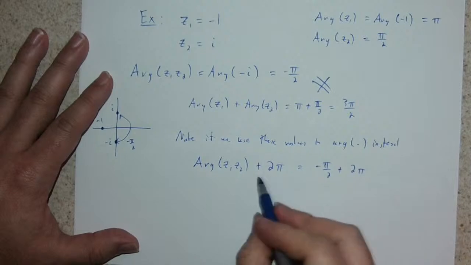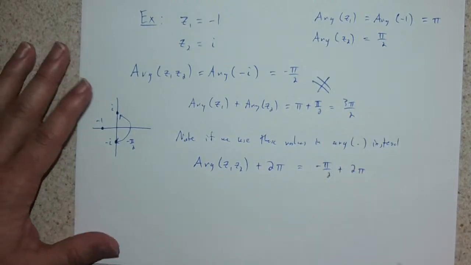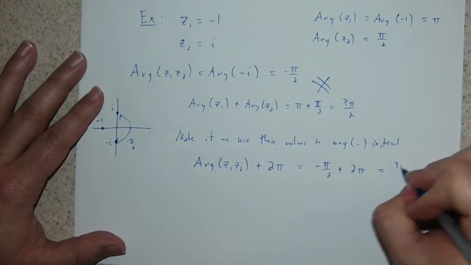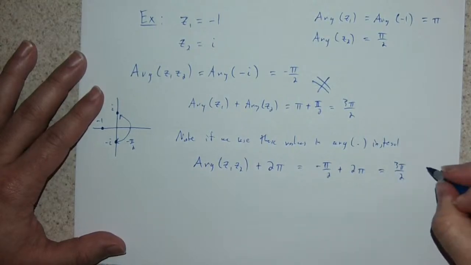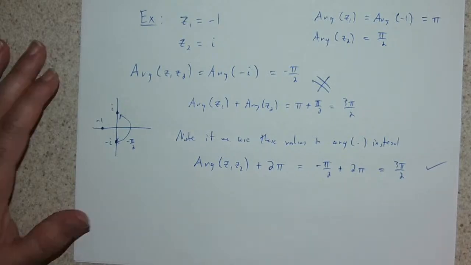Of course, I could have added other multiples of 2 pi, but this is the one that's going to work and show that these are actually equal. So minus pi over 2 plus 2 pi. Hey, it works in that case. So this is showing you why you have to use lowercase arg here instead of the principal value. All right, so that's a nice fact.